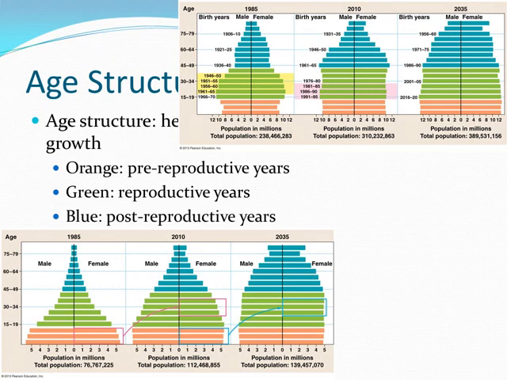Yes, in some sense, yes. Not really. They're not reproducing any more after their reproductive ages. Right. But notice how the amount of population here on this 1985 graph on the very bottom, there's a lot of people in their pre-reproductive years.